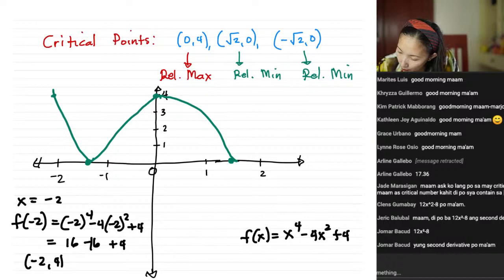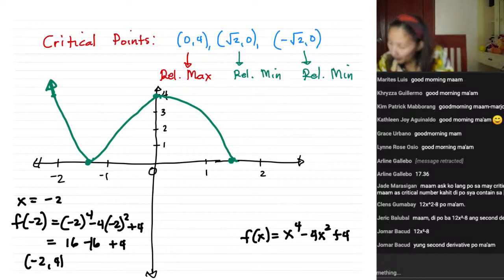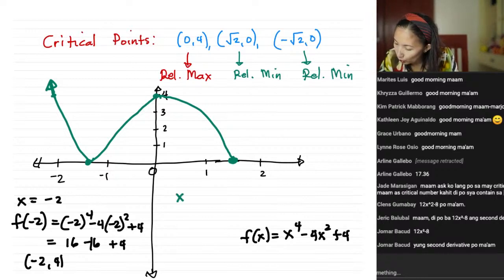So we are very sure that the graph would climb up. And here also, after 1.41, you can select 2. If x is equal to 2, then f of 2 will be 2 to the fourth minus 4 times 2 squared plus 4.